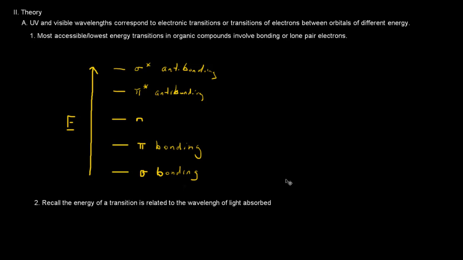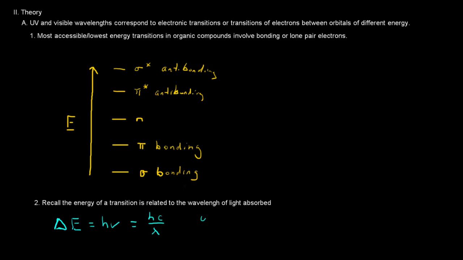is related to the wavelength of light absorbed by a very simple equation, and that is delta E, the difference in energy between two orbitals or energy levels, is equal to Planck's constant times the frequency of the photon of light absorbed or emitted during the transition, and that's equal to, in terms of wavelength, Planck's constant times the speed of light over the wavelength.